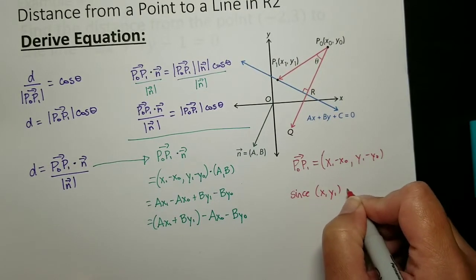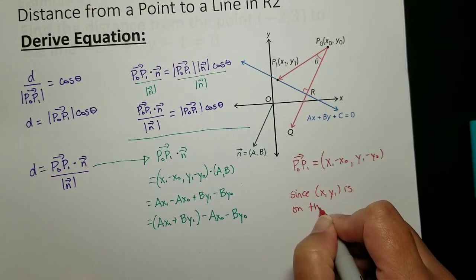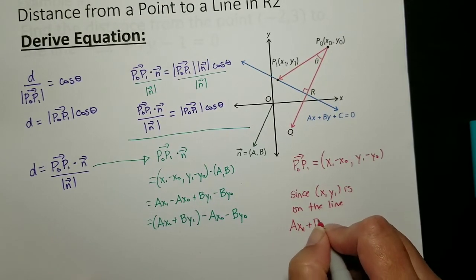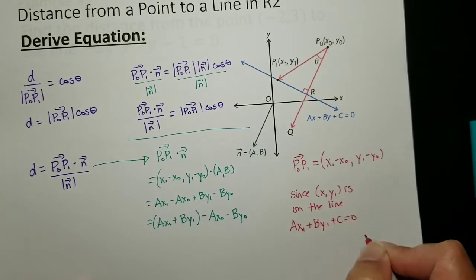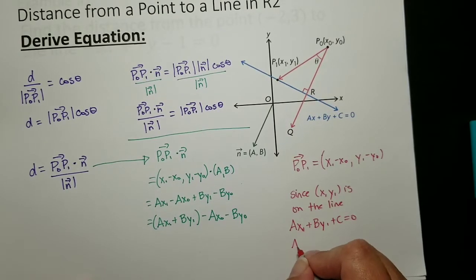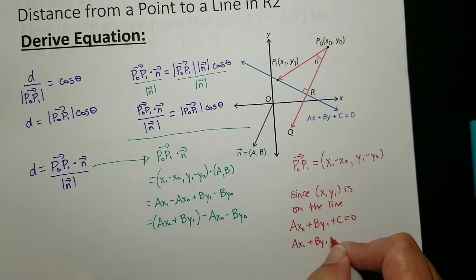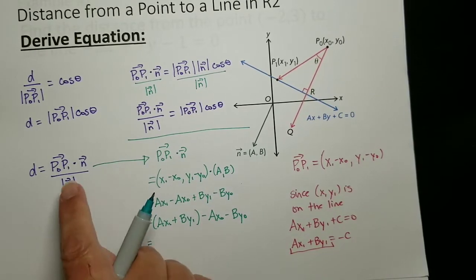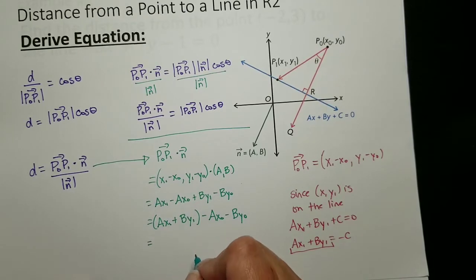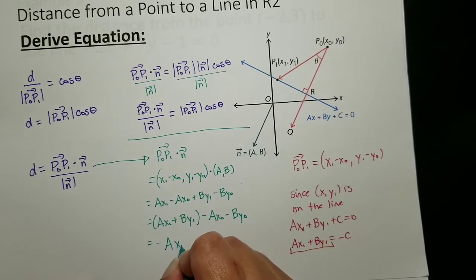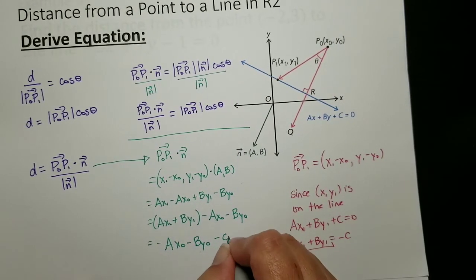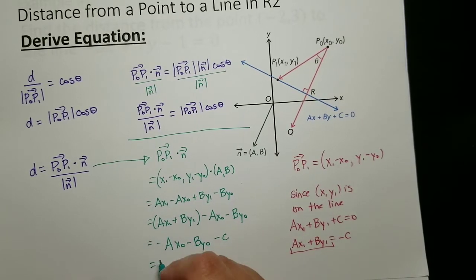So since (x1, y1) is on the line, ax1 plus by1 plus c equals 0, and we can write that also as ax1 plus by1 equals negative c. So I'm going to use this and sub it back in there. So we're just simplifying an expression for that dot product on the numerator of my distance formula. So this is going to be negative ax0 minus by0, and instead of this, I'm substituting in a negative c. I'm going to factor out a negative there.